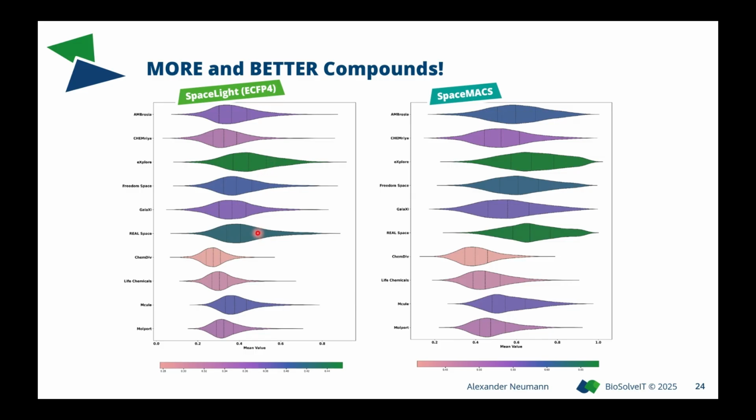Same also for REAL Space, whereas for the chemical libraries, the heavy point is a little bit to the left, and it's also quite narrow in the better sections. Same behavior also applies for Spacemax, so there were no surprises for us here as well.